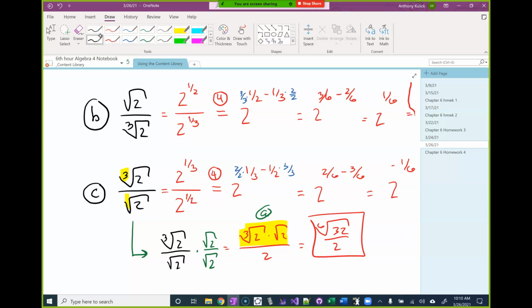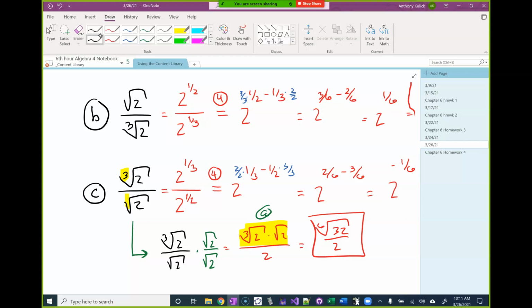Yes, Megan? So does that only work out when you've done that problem beforehand? Well, I think it's easier to rationalize the denominator here than it is later, because rationalizing a square root of 2 versus a sixth root of 2, it's easier to make a mistake with the sixth root of 2 because you've got to do a 2 to the 5th. So it's usually easier to rationalize the denominator earlier.